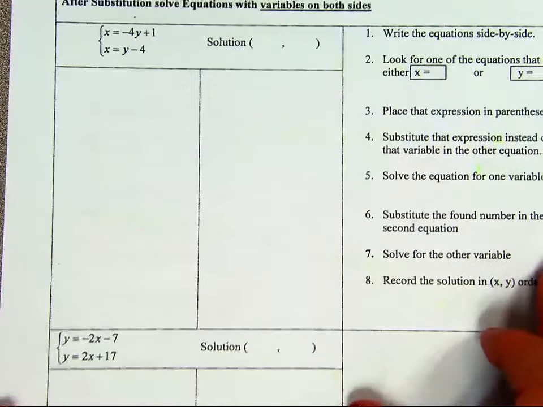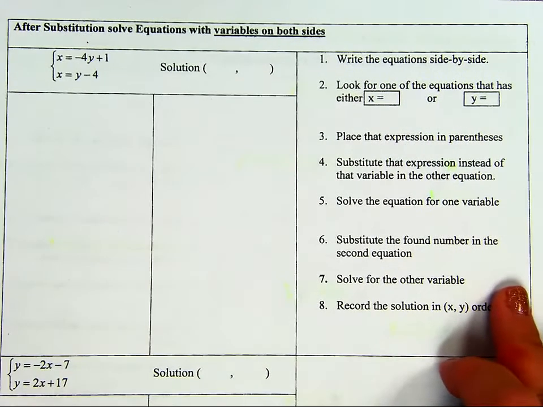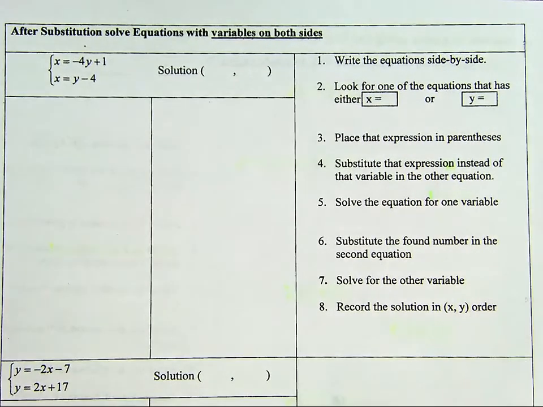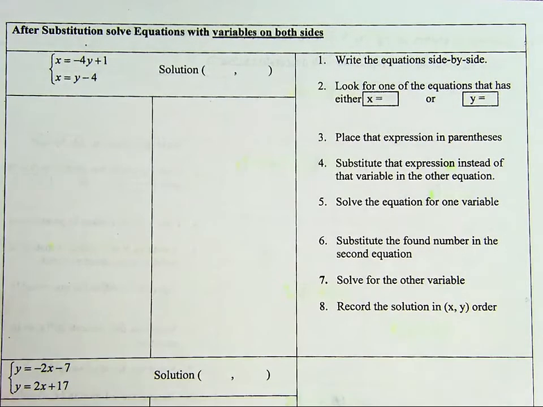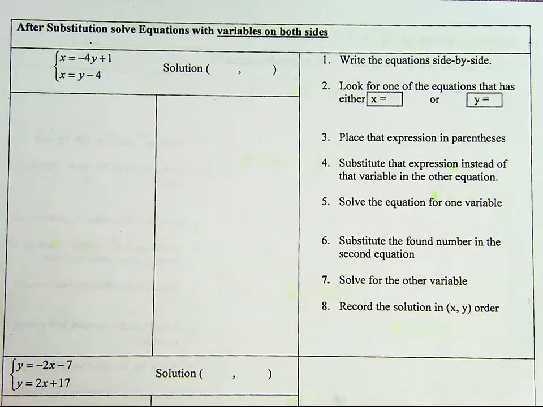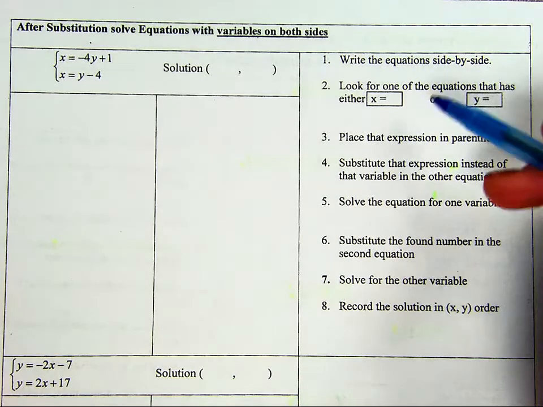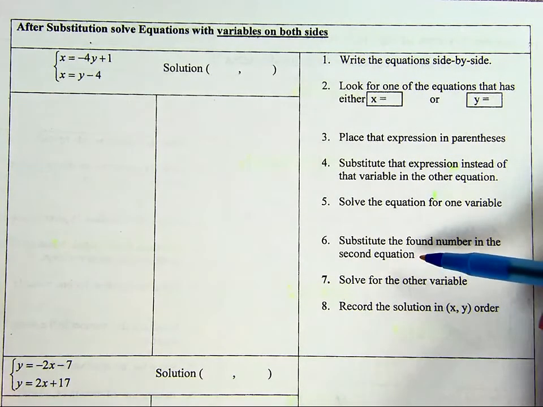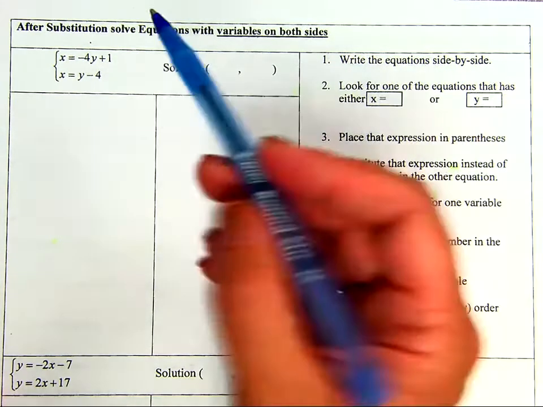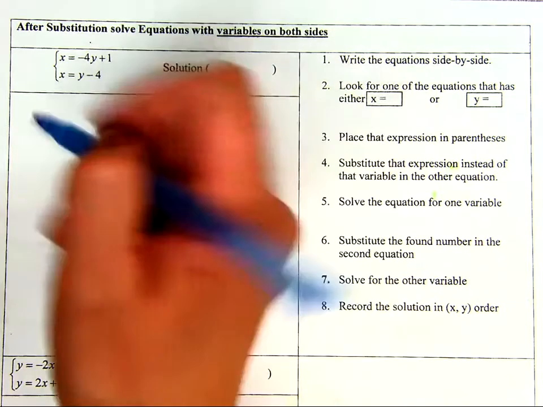Let's see on the other side what we have here. After the substitution, we'll have an equation with variables on both sides. It's a different way of seeing what's going to happen. The same steps are involved, and we are going to go one by one as we go through. Let's write the equations side by side.